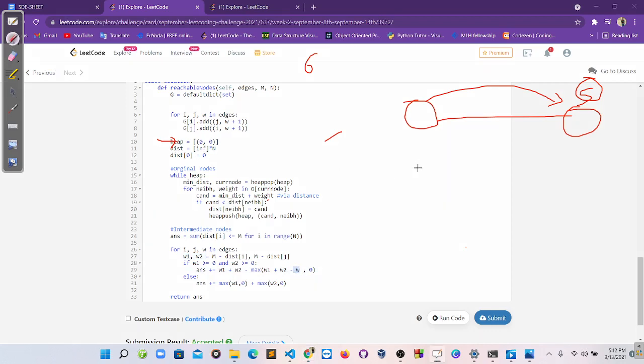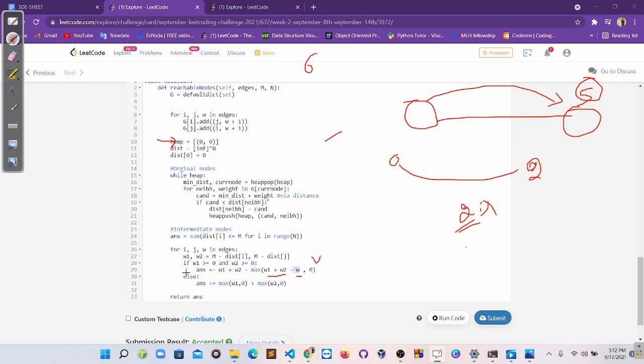Let's suppose we are calculating from 0 to 2. From 0 to 2 we have 2, but we already consumed this 2. That's why we subtract it, and whatever the summation of these two, we add that. So whatever the maximum of these two, if it becomes negative in some case, we take 0.